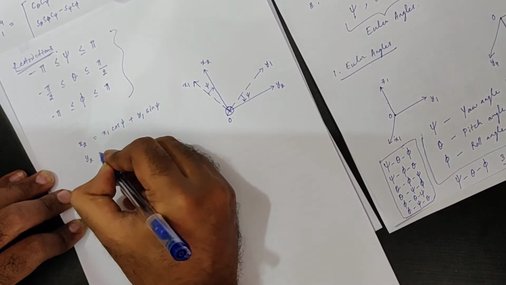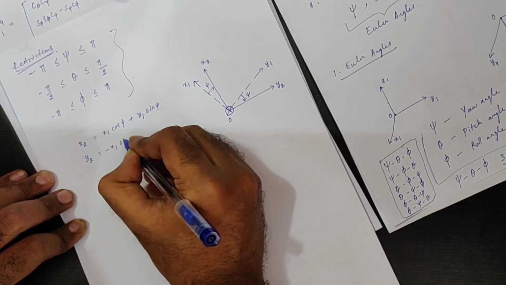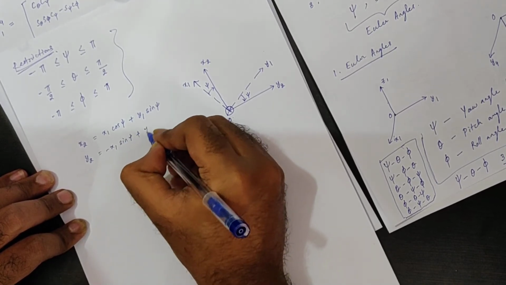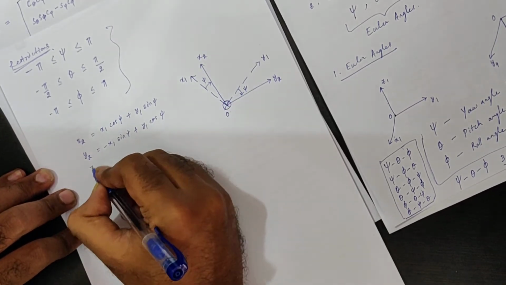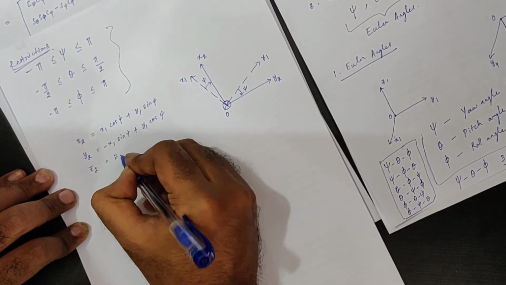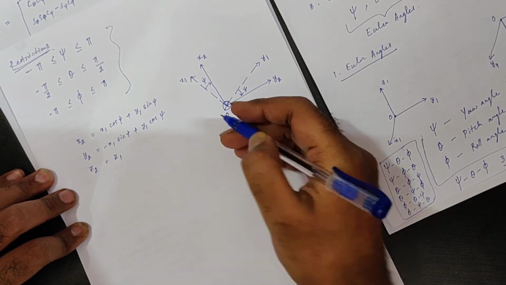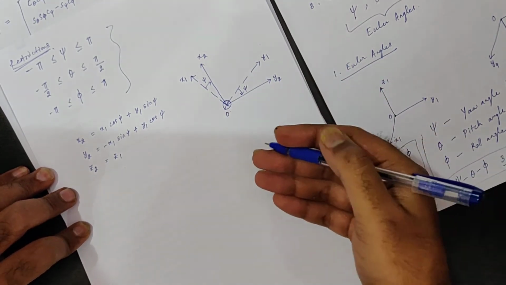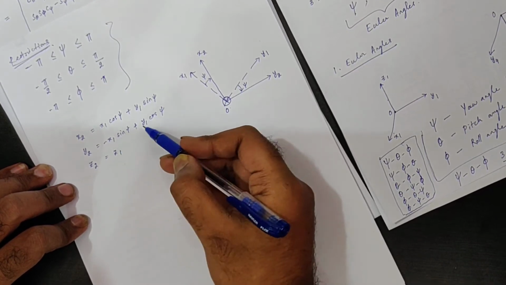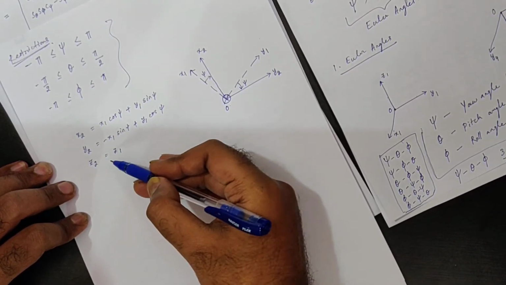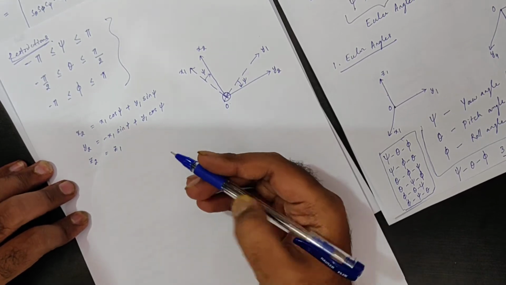Similarly, y2 equal to minus x1 sin psi plus y1 cos psi. z2 equal to z1, because the rotation was about z1, so there is no component of x1 and y1 in the z2 axis.